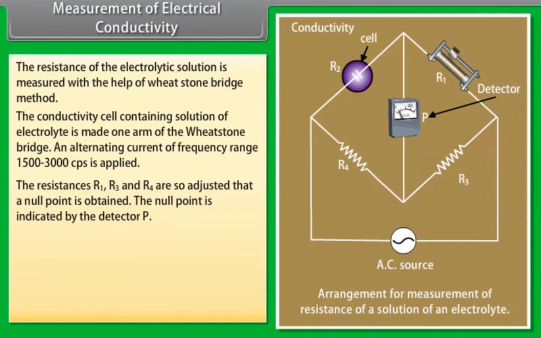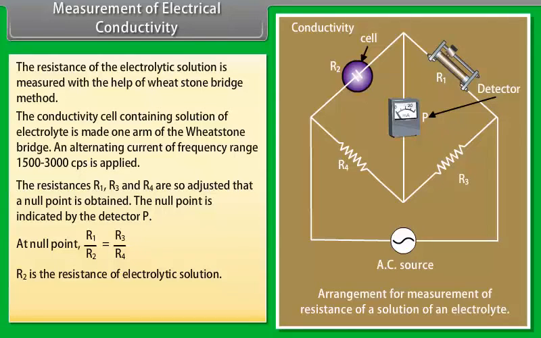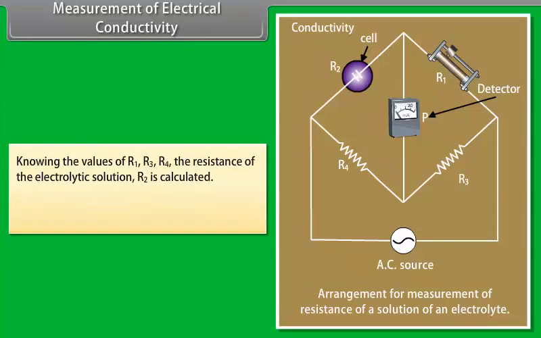Here given values are R = 5.5 × 10^3 ohm, C = 0.05 mole per liter, r = 0.5 centimeter, L = 50 centimeter. We know that area is equal to πr². By putting the values, we get area is equal to 0.785 centimeter square.